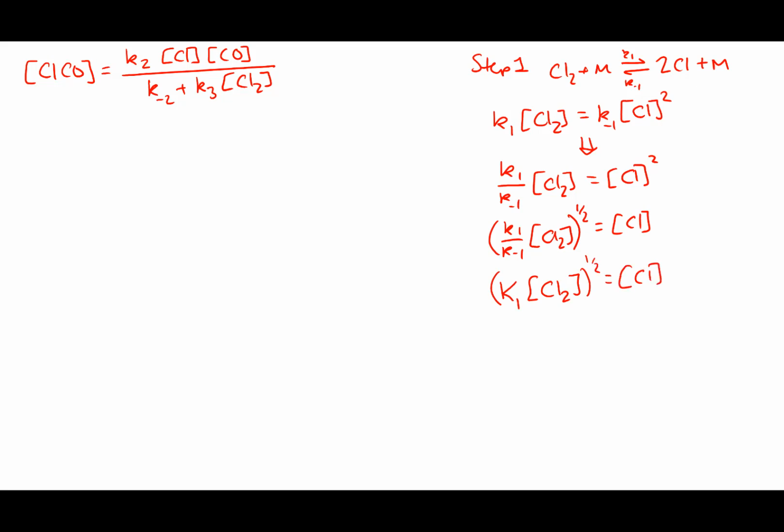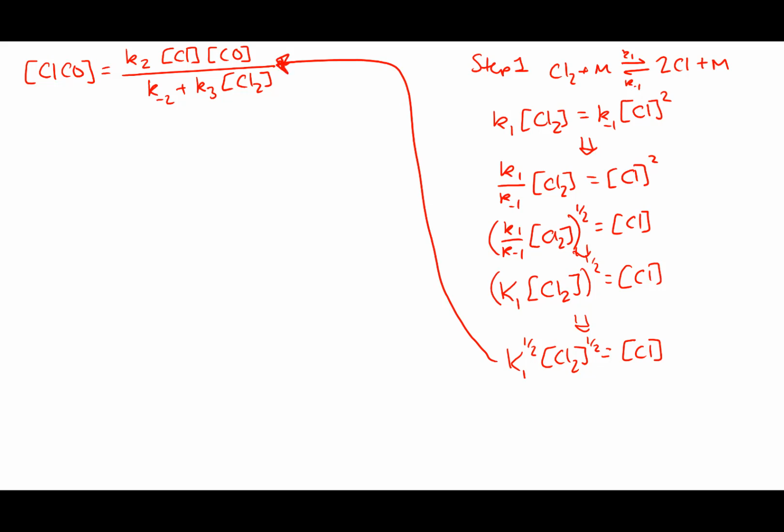And so we can work our way through that and simply have K1 to the power of 1/2 times Cl2 to the power of 1/2 is equal to Cl in that scenario. So we have that right there. And so now what we can do is take this and plug that into here.